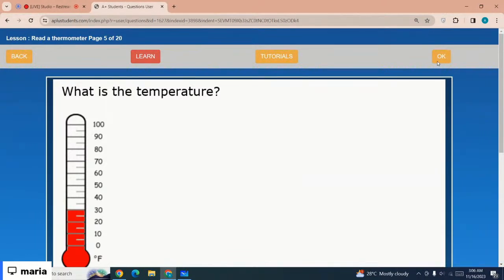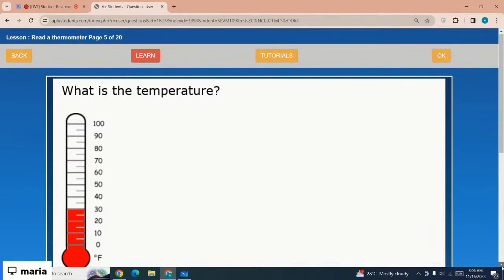The next one is what is the temperature? Which is the correct option? The correct option is 30 degrees Fahrenheit. The correct option is 30.